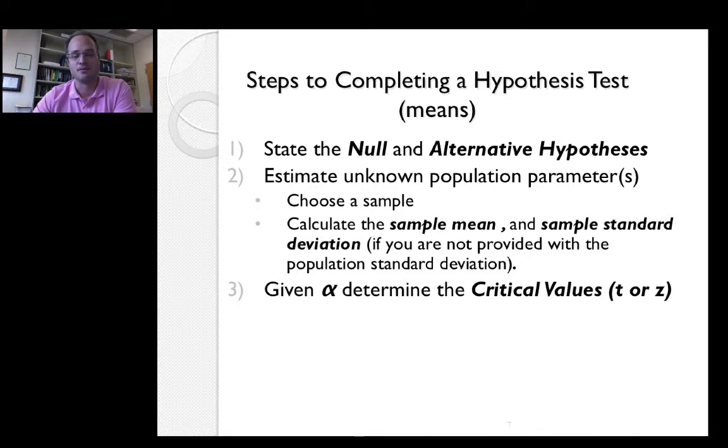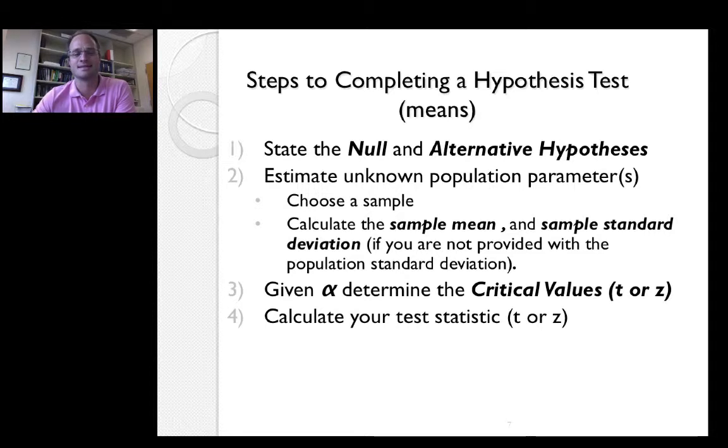Given alpha, we determine the critical values. These could be T or Z. Remember, they would be T if we don't have the population standard deviation and we had to estimate it using the sample. That's when we want to be more conservative and use T in place of Z. We want to calculate our test statistic. Again, this will be a T or Z for the same reasons.